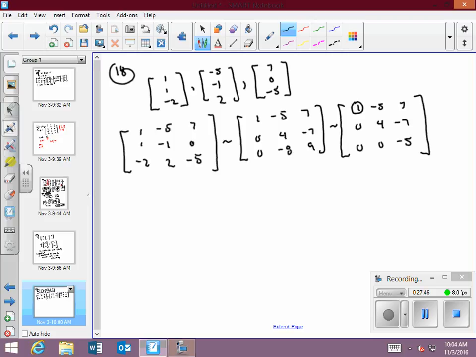Now, we have a pivot point on the diagonals, and theorem 8 on page 114 says A is n by n square, and A has n pivot points.